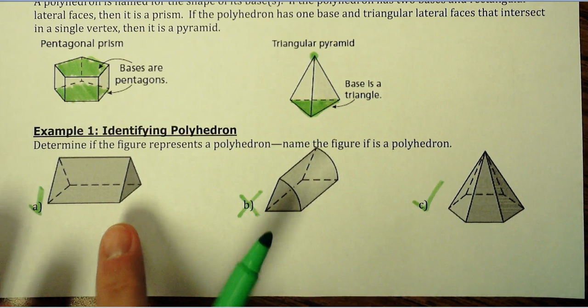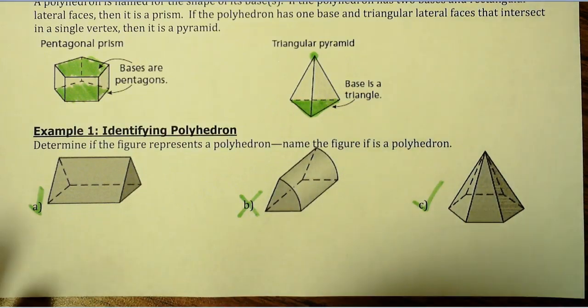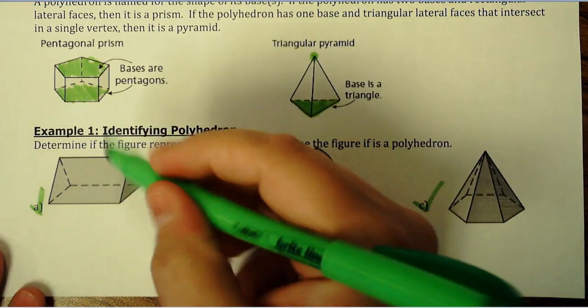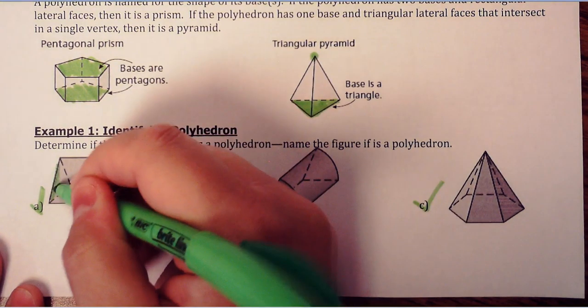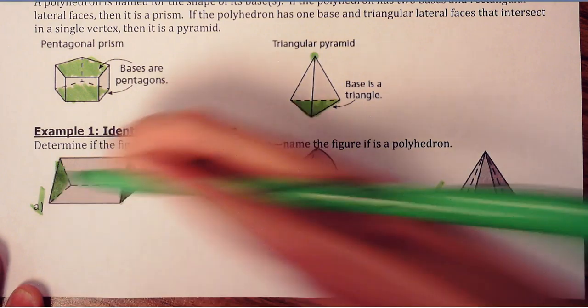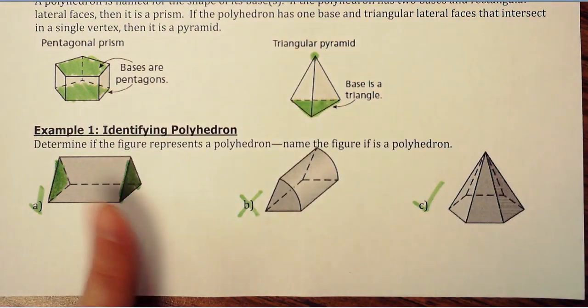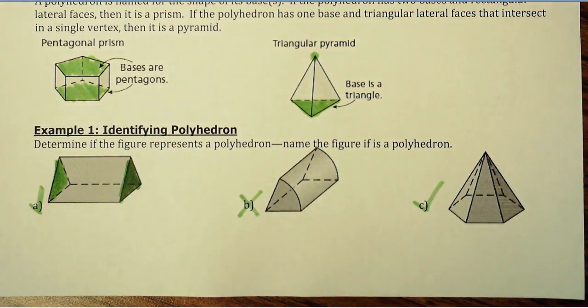Now, you're looking for two parallel faces, if possible, because everything doesn't come to a single vertex here. This is very tricky for people. The base there has to be a triangle because none of the other two faces in the diagram are parallel to each other.